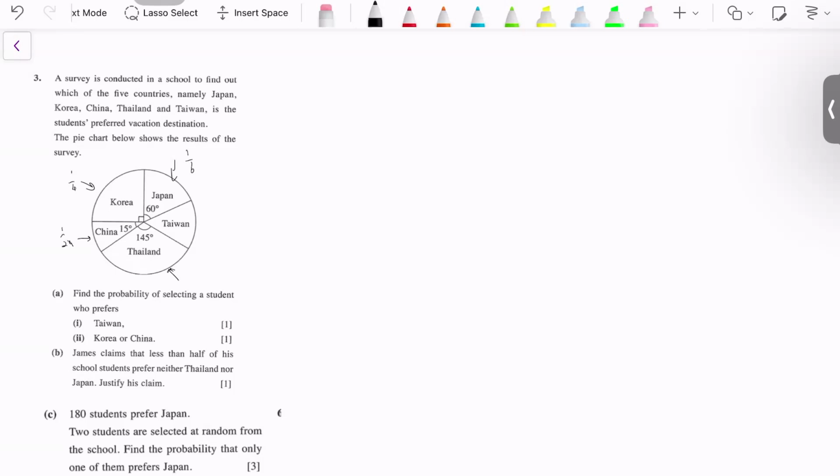Thailand, 145 degrees, gives us 29 out of 72. For the remaining Taiwan, we use 360 degrees minus all the other degrees, and from there we can find the probability. Taiwan is 50 degrees, which gives us 5 out of 36. So we have indicated the probability of each of the countries.